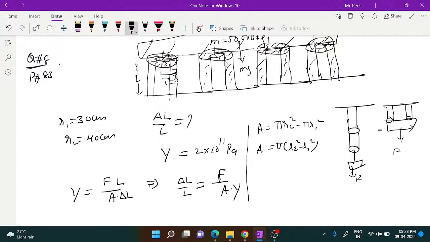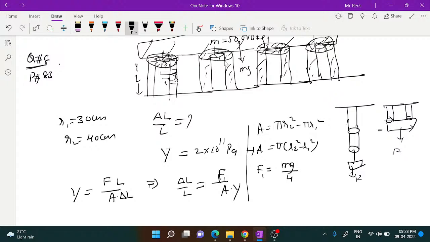Therefore, the compressional strain is for a single one, right? The total force is mg, but the force on one is mg by 4.